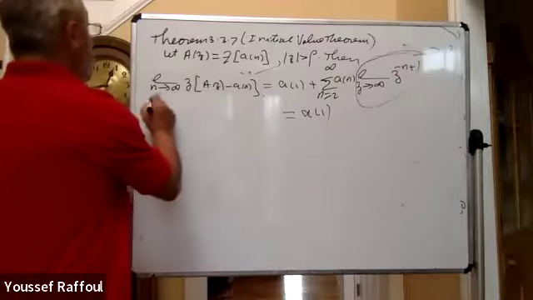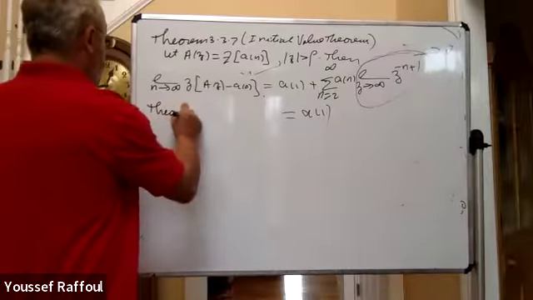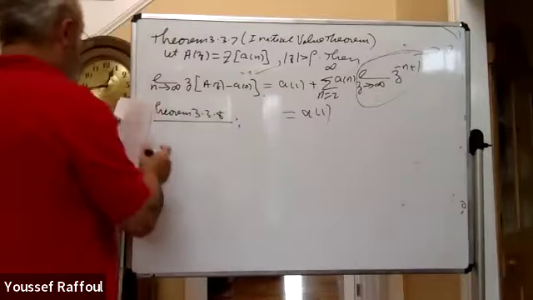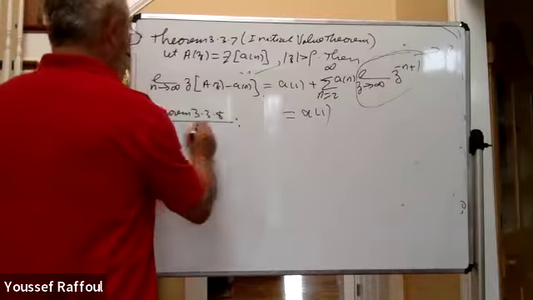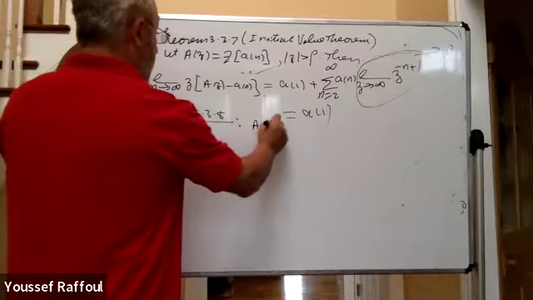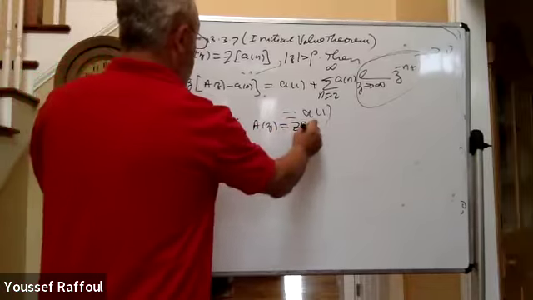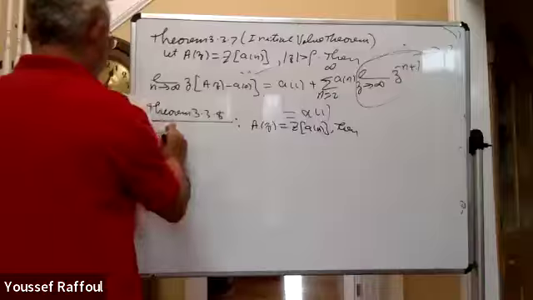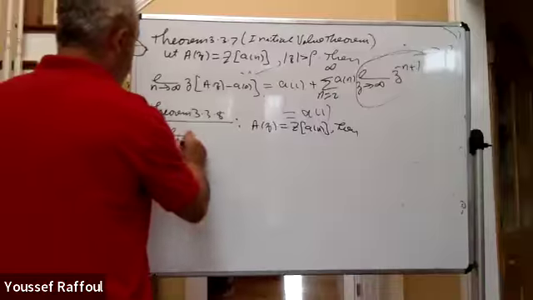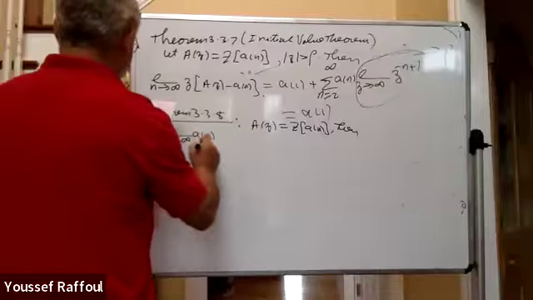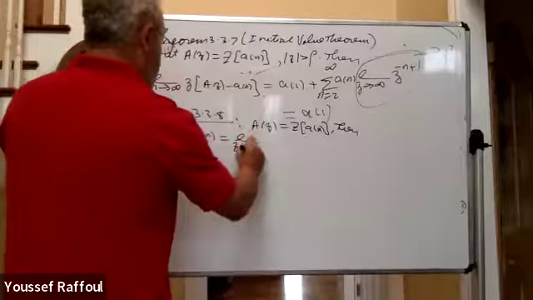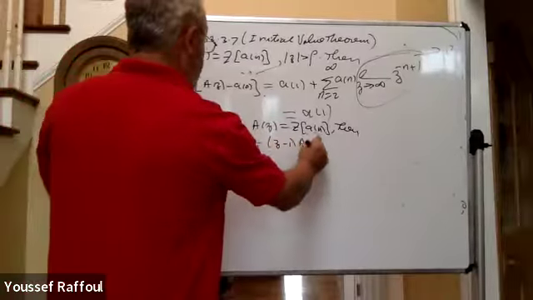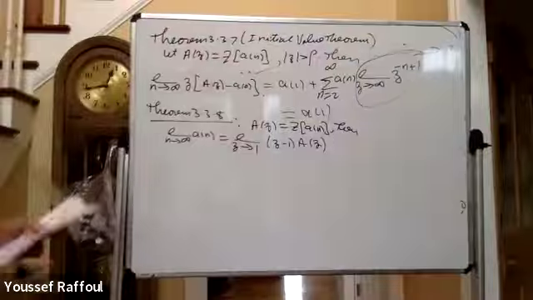So we have theorem 3.3.8, and it says if we have A(Z) is the Z-transform of A_n, then the limit as n approaches infinity of A_n is the limit as Z approaches 1 of (Z minus 1) A(Z).